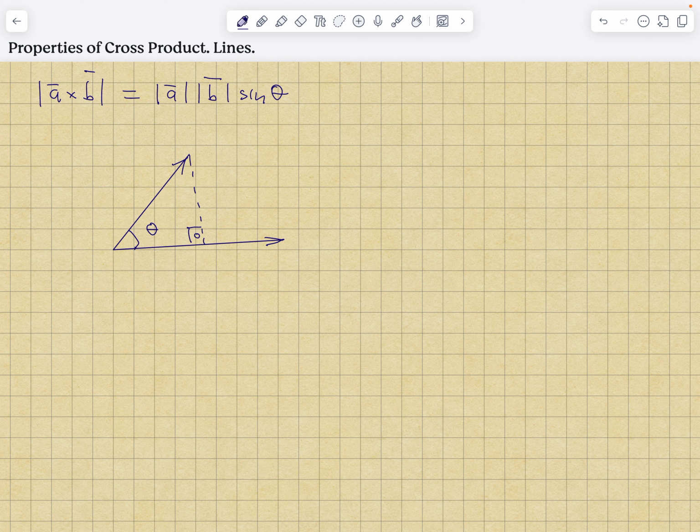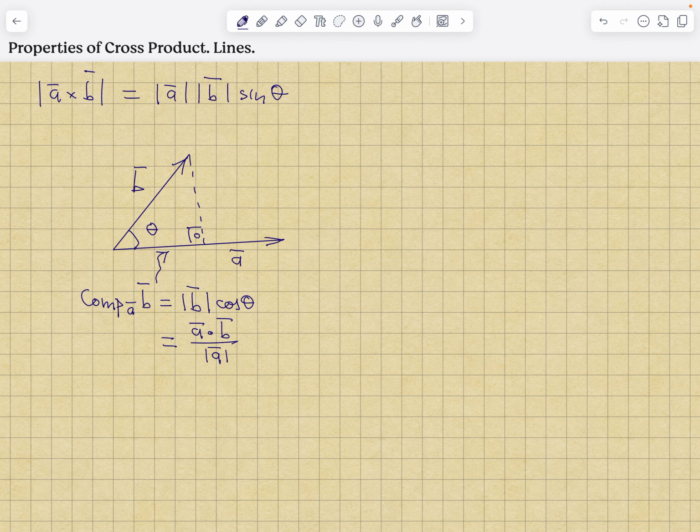This segment on which vector B projects onto the direction of the vector A, the length of the segment we called component of B onto A. So we denoted it by comp B on A, and that was B times cosine theta. And we showed that that's the same thing as A dot B divided by the magnitude of A.